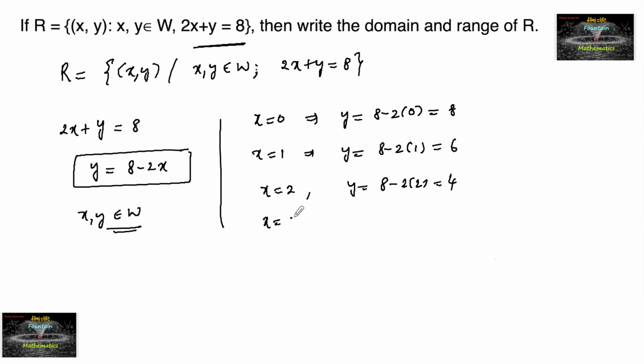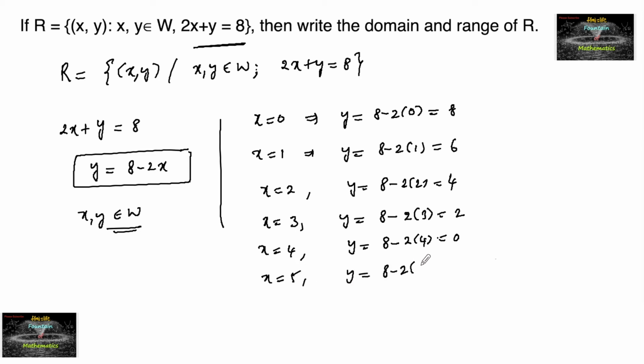For x equal to 3, y is equal to 8 minus 6, that's 2. For x equal to 4, y is equal to 8 minus 2 into 4, it's 0. For x equal to 5, y is equal to 8 minus 2 into 5, which is minus 2, which is not a whole number, so we cannot take x equal to 5.